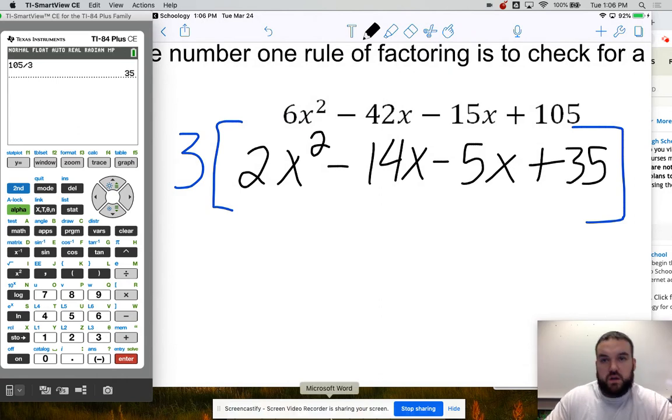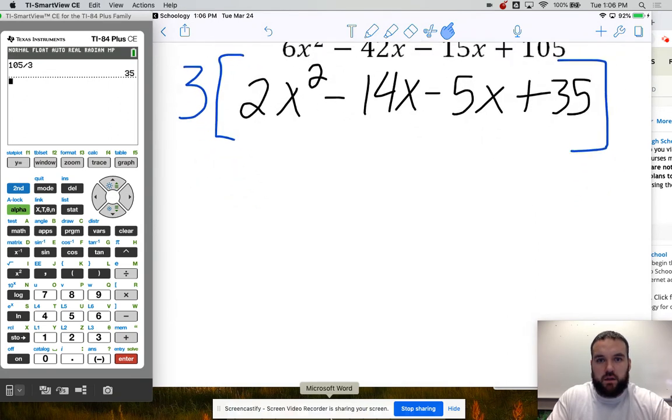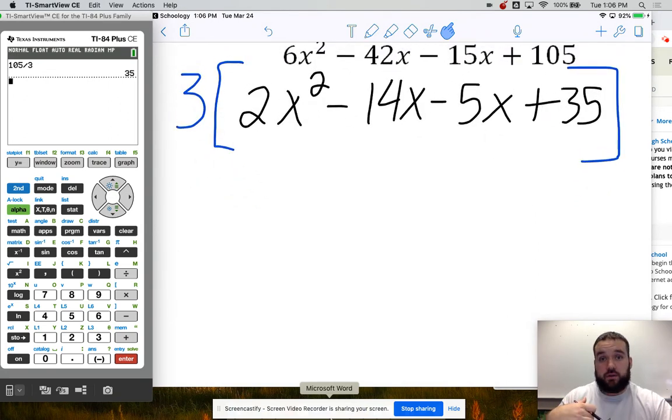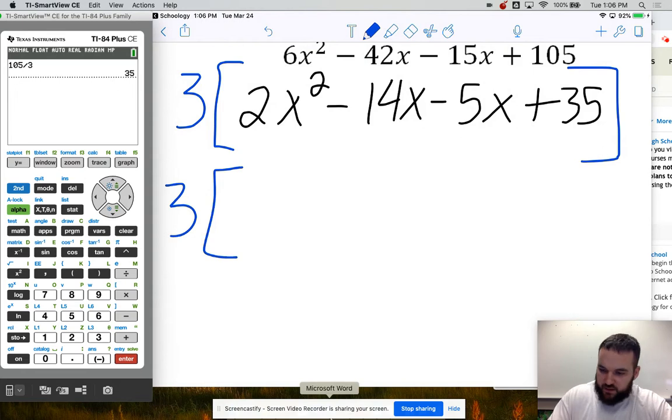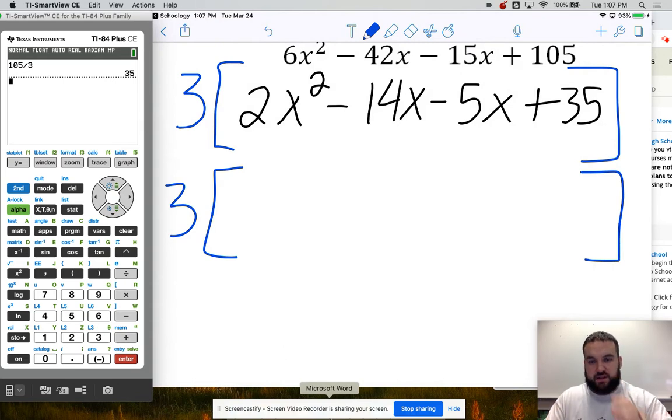Okay. So I've taken out the GCF, but I still have 4 terms in the brackets here in black. So I'm going to go ahead and do factoring by grouping. Just so I don't forget, every time I start a new line, I'm going to put my GCF of 3 with these giant brackets, just so I don't forget about it at the very end.